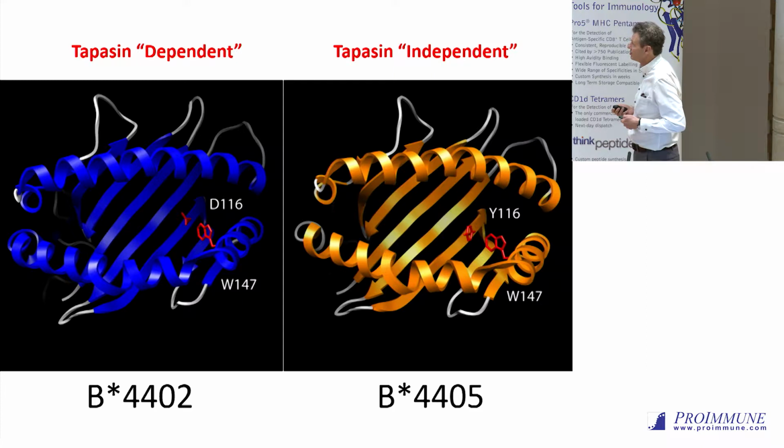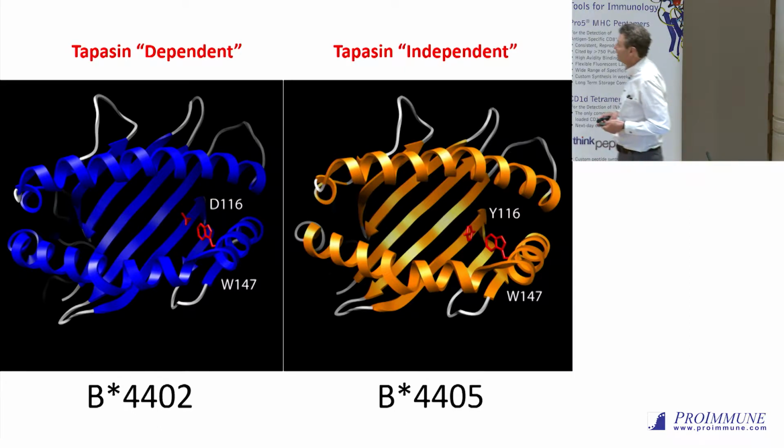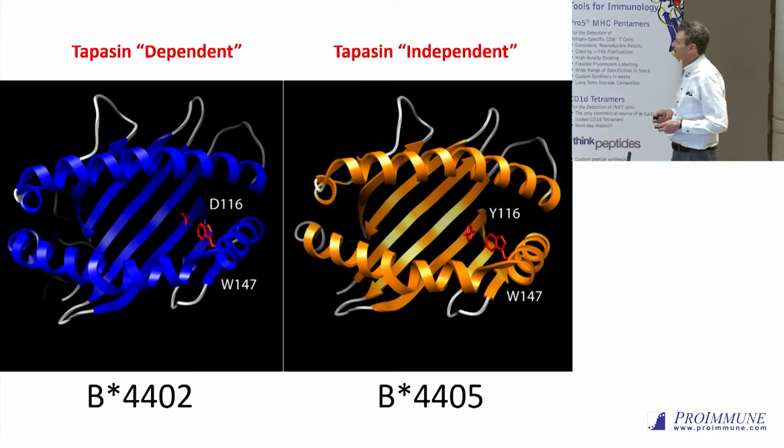He published the structures of B4402 and B4405 with the same peptide in the peptide binding groove, and the structures are identical, with the exception of 1 or 2 hydrogen bonds around the amino acid difference. The structures are identical. So we hit a bit of a brick wall in terms of understanding the structure-function link here.